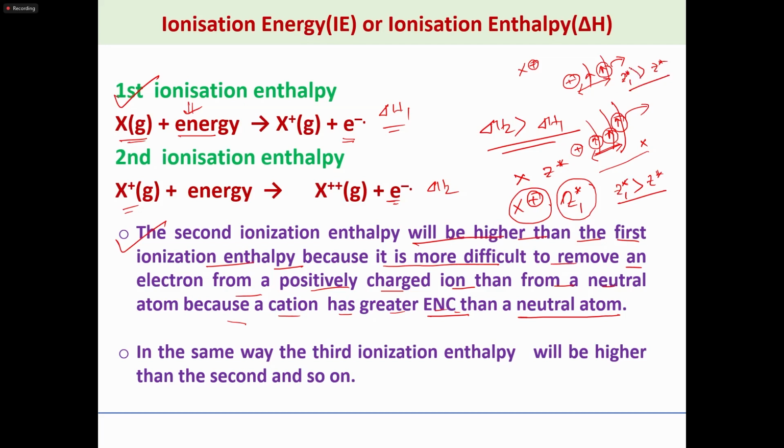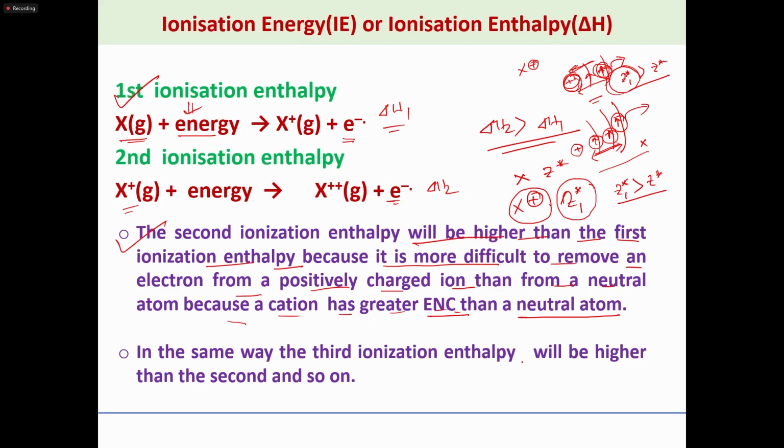When the effective nuclear charge is high, that means the attraction between this nucleus and this outer shell electron is higher. Then to remove this electron, we need higher energy. That means we need a higher ionization enthalpy. Then the delta H value will be high for this X plus.